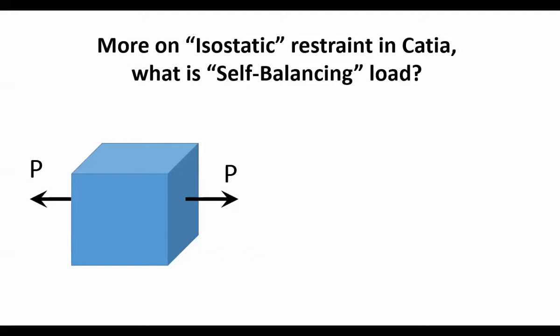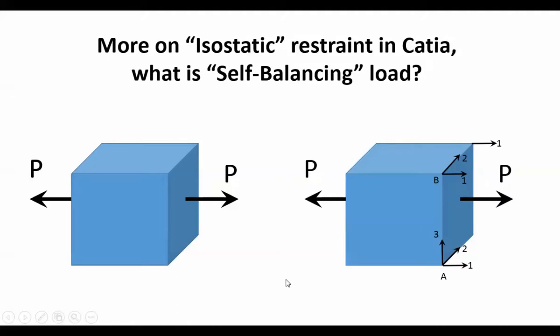So the key in Catia, or at least the 1, 2, 3 rule, is to apply three constraints. For example, at the point A, restrain the translation in 3 direction, at the point B in 2 direction like that, and the point C, which is up here, in 1 direction.